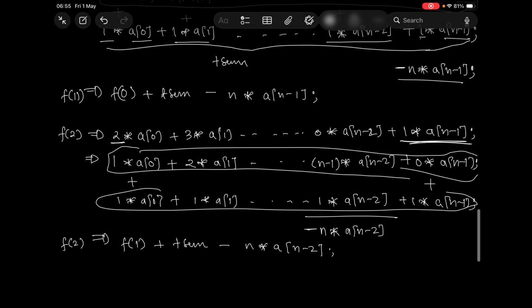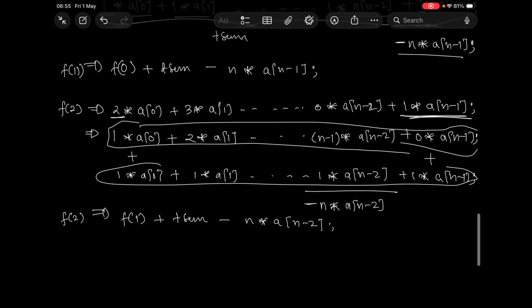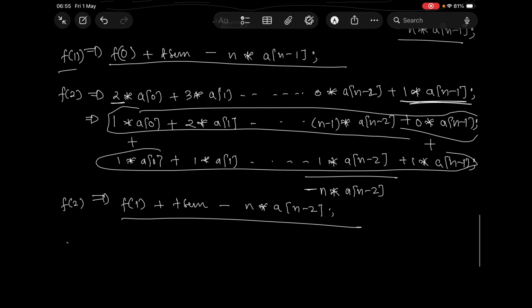So now if we write in general terms, f of 1 is something like this, f of 2 is something like this. If we write the same thing for f of k, how would it look like? Here we are using the previous value already calculated. So it would be f of k minus 1 plus total sum, which is constant every time, minus n times array of n minus k.